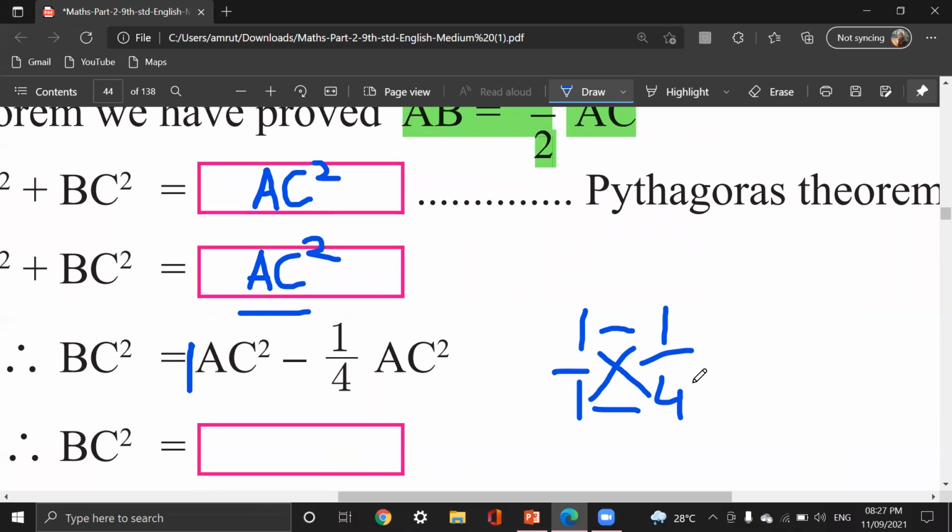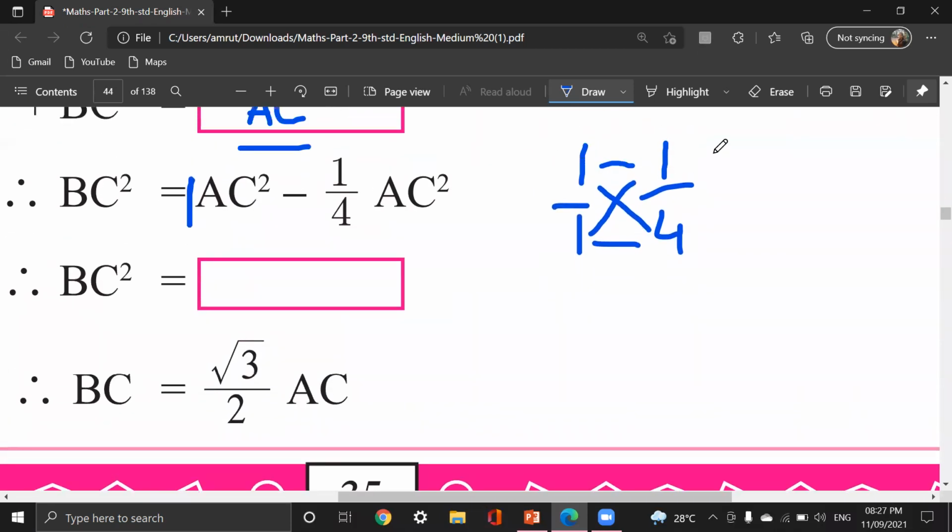So this will be equal to 1 into 4 is 4, minus sign in between. Now 1 into 1 is 1, upon 1 into 4 is 4. So what is 4 minus 1? Equal to 3.